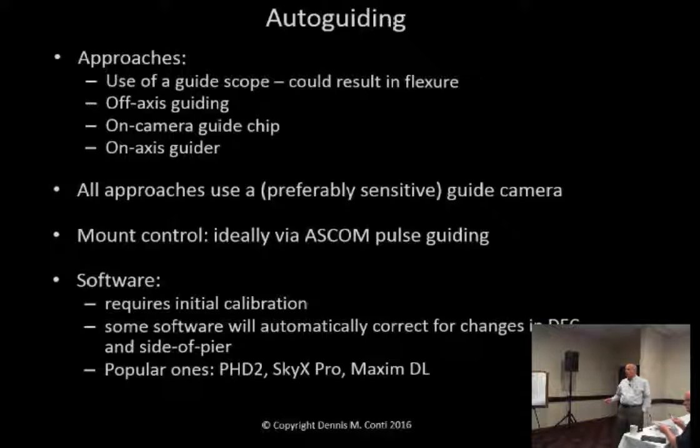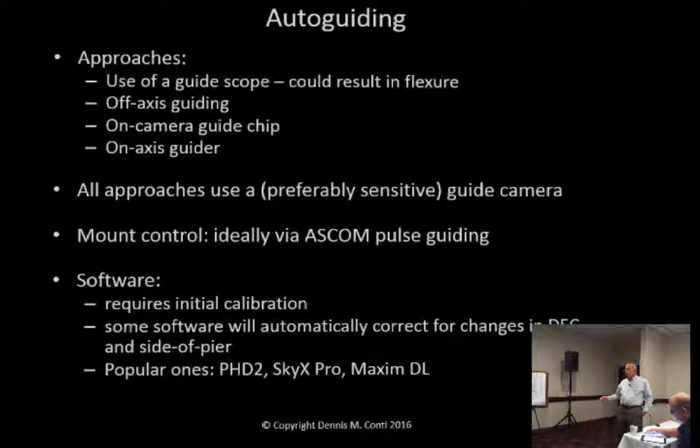But they all do require some kind of initial calibration, because you can imagine, depending upon the orientation of the CCD camera, if a star wanders in a certain direction on the CCD camera, that may mean a different kind of correction to the mount as opposed to if the CCD is oriented differently. So there's initial calibration done.